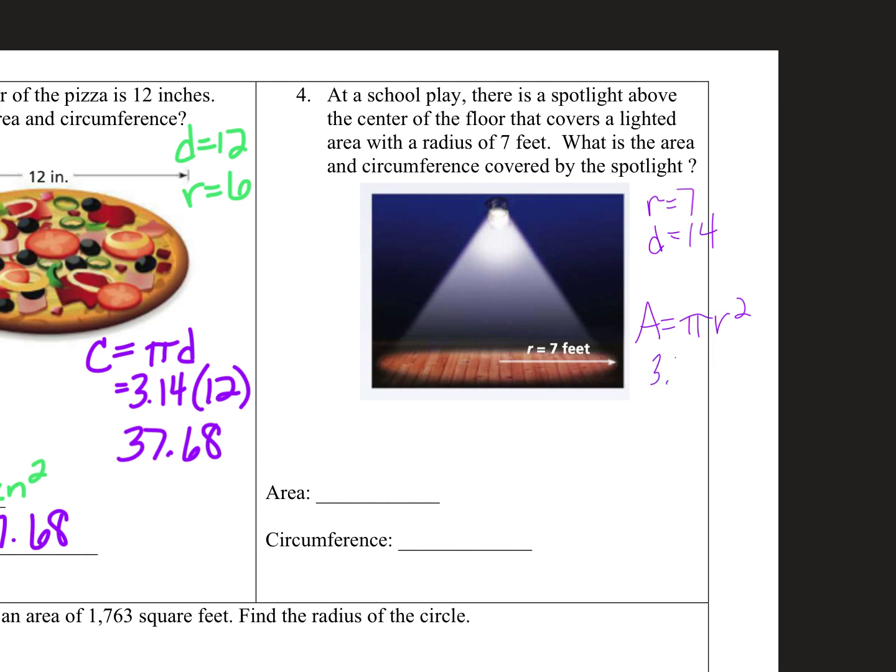So that's 3.14 times 7 squared, which gives you 153.86 feet squared. Your circumference is pi times diameter.